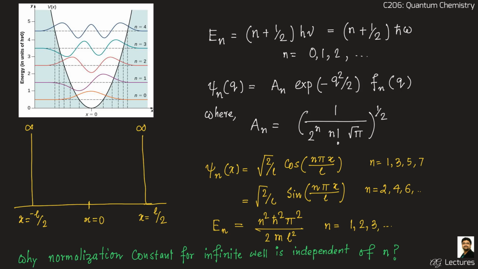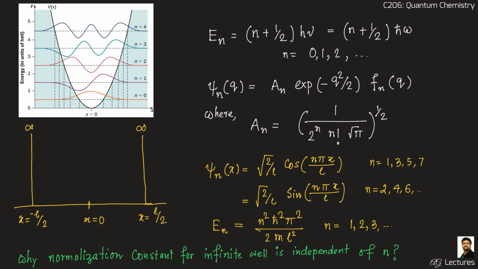The difference is that the potential goes to infinity abruptly here at x equals plus L by 2 and x equals minus L by 2, whereas the potential goes slowly to infinity as you go in either the positive x or the negative x direction. It is a symmetric potential, definitely. That's the only difference. There are more similarities.